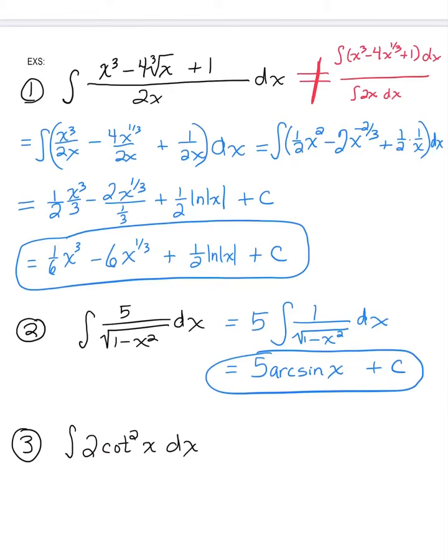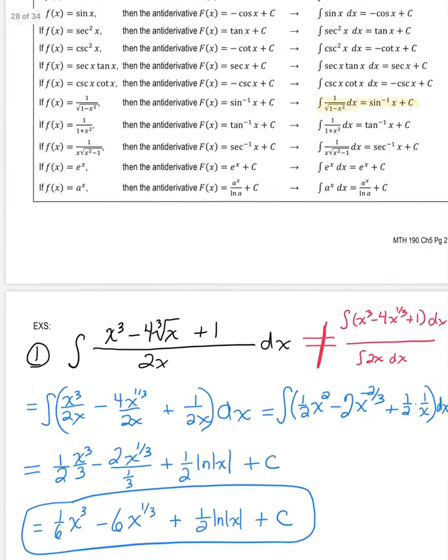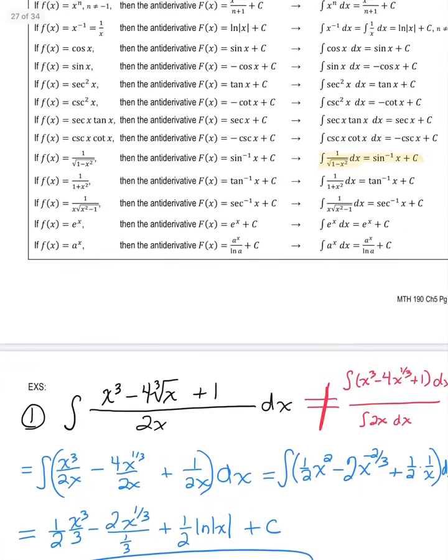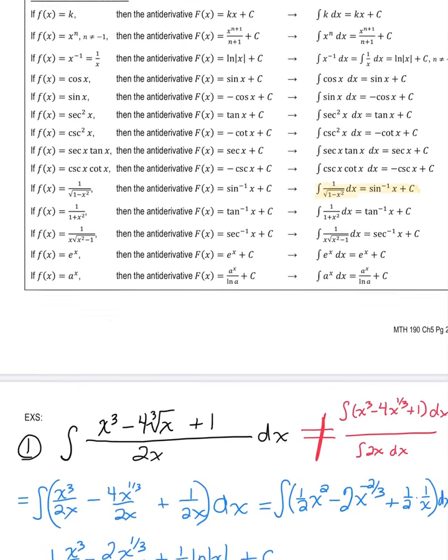So we need to think about, well, was this one of those, what I'd like to call special trig functions that we know antiderivatives of? Meaning, at the beginning of the semester, we learned several functions, 6 in particular, trig functions, and we learned their derivatives. So what we want to think about is, were any of those ones whose derivatives were cotangent squared? And they're not.